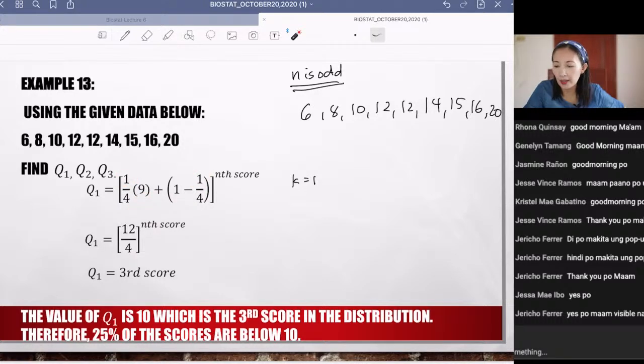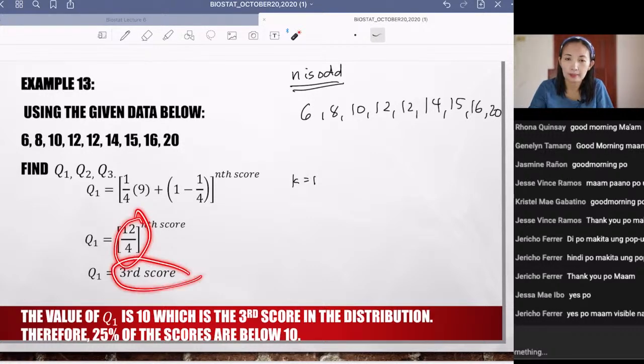Simplify, this gives 9 over 4 plus 3 over 4, which is 12 over 4, the third score.